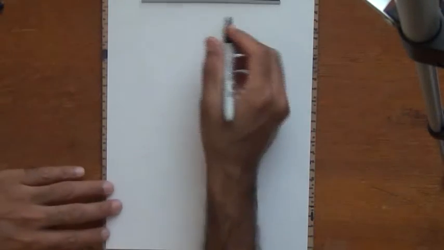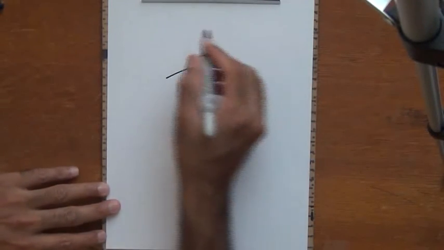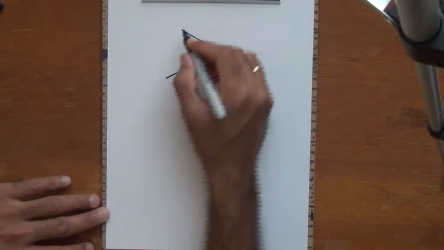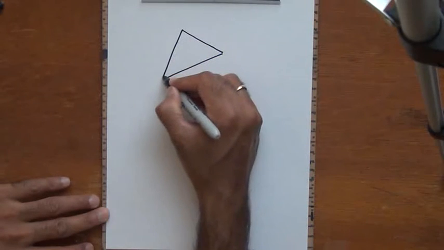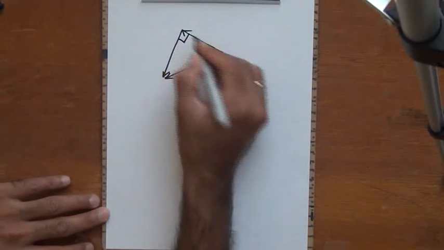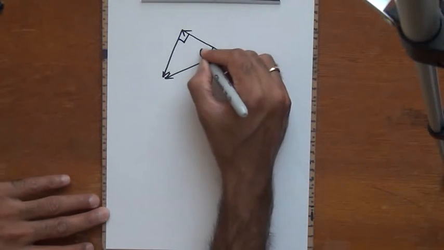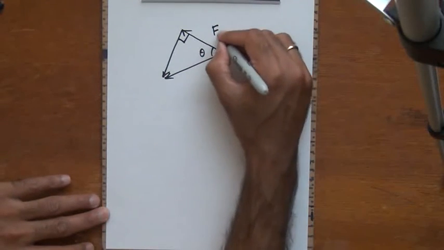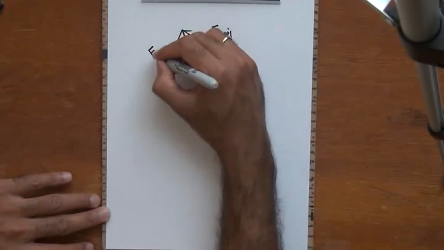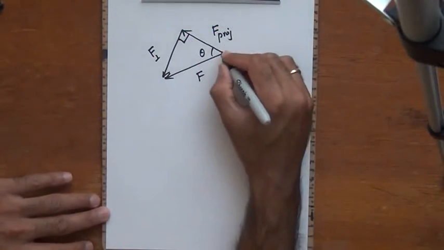I have my triangle of interest. This is my triangle. This is a 90 degree triangle, though it may not look like one. This is F projection, this is the force F, and then this is F perpendicular.